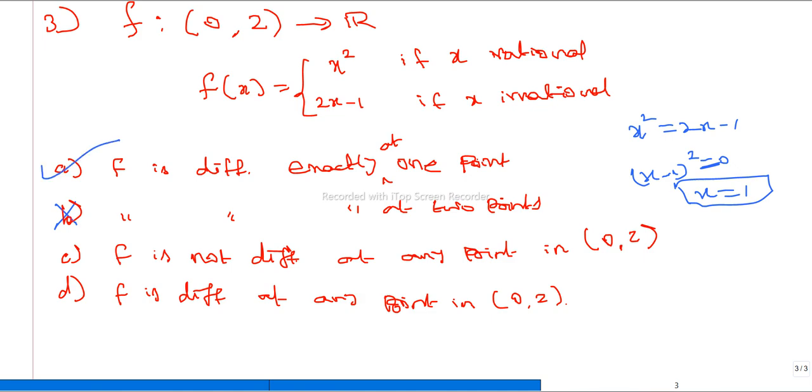All others are wrong. The derivative at an irrational point is 2, and at a rational point is 2x. It is differentiable at only one point, because it is continuous at only one point.